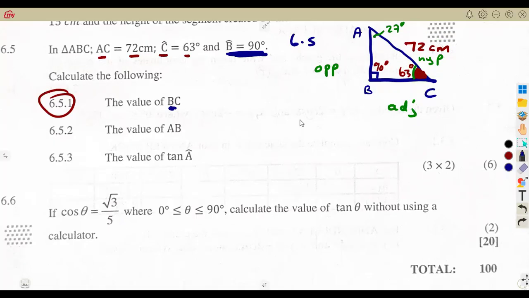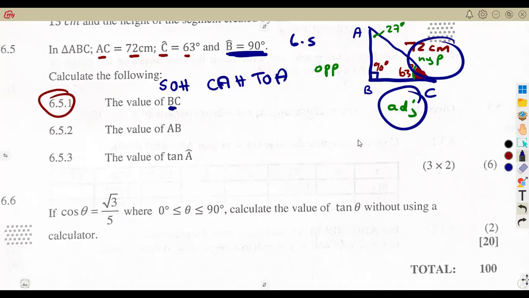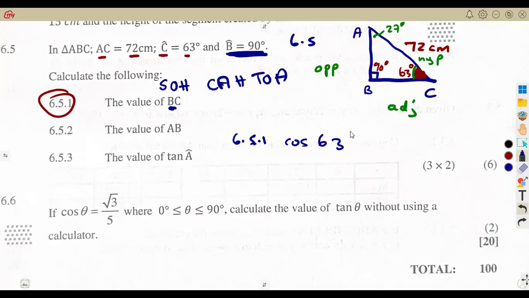So which formula am I going to use, guys, from the SOHCAHTOA, from those ratios? Adjacent and hypotenuse, that's cos. So cos of theta, which is cos 63 degrees, is equal to adjacent over hypotenuse.